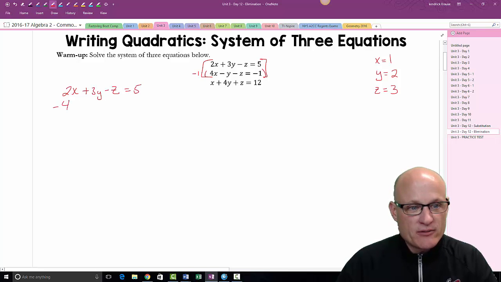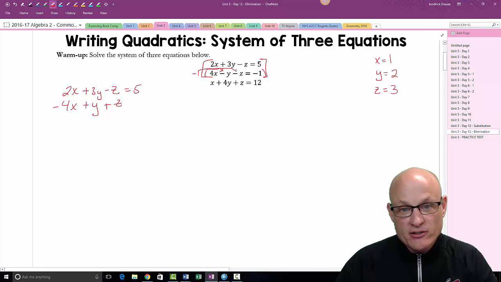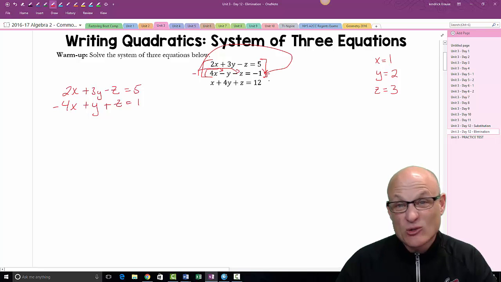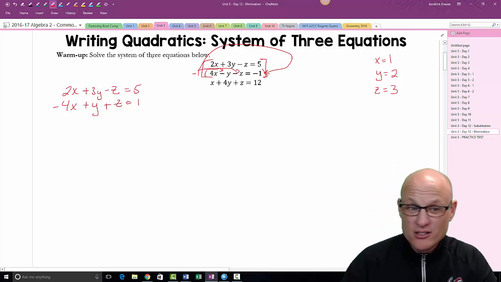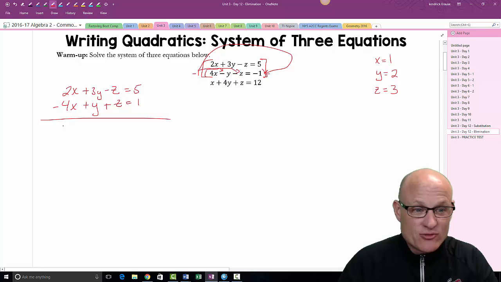That's why we're doing this. -4x plus y, notice we're going to distribute that negative here, plus z, and then equals +1. Don't forget, we still got to distribute that negative here as well. Remember, I got to distribute everywhere. Got an equal opportunity distributor. So -2x, our goal is to eliminate one of the variables, plus 4y equals 6. So there's one of my equations.